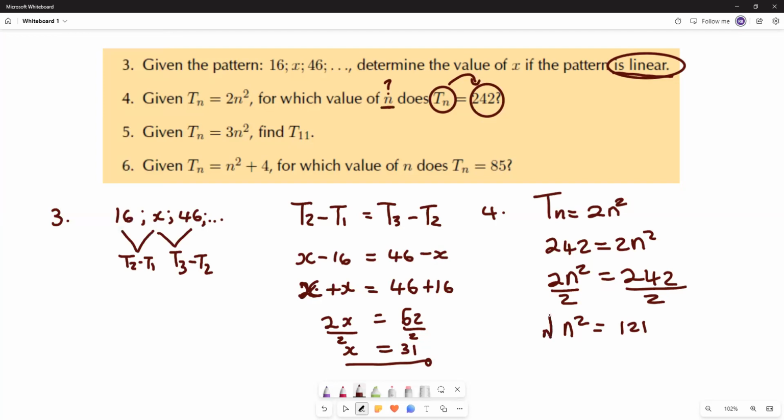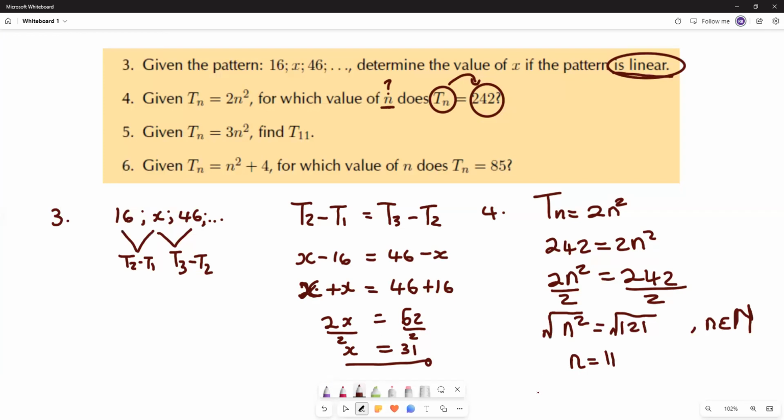Then I can square root both sides. Remember, usually when we square root, you put plus minus. But on number patterns, remember, n is an element of the natural numbers. Natural numbers are always positive, so you don't need to do the plus minus. You know that your answer must be positive. Then you are going to say n equals 11.